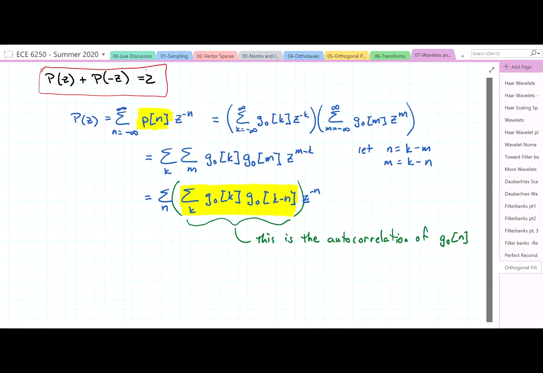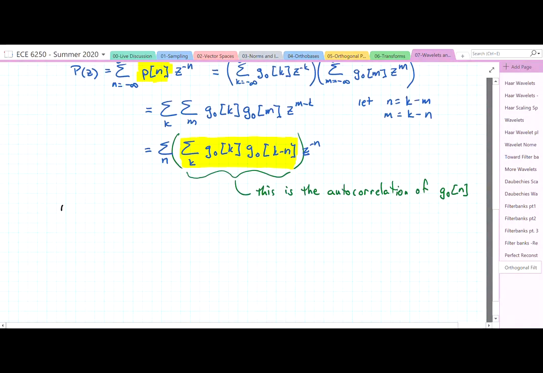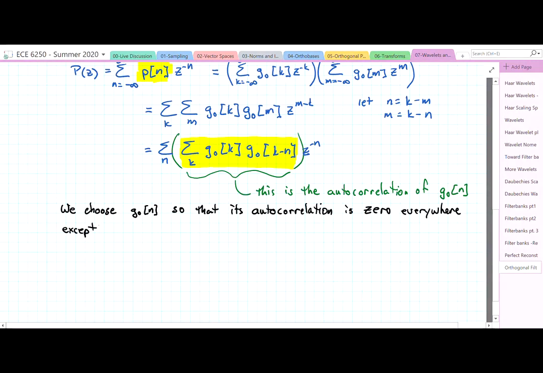So we now have a way to choose P of Z. Basically, we choose G naught of N so that its autocorrelation function is 0 everywhere except at n equals 0.